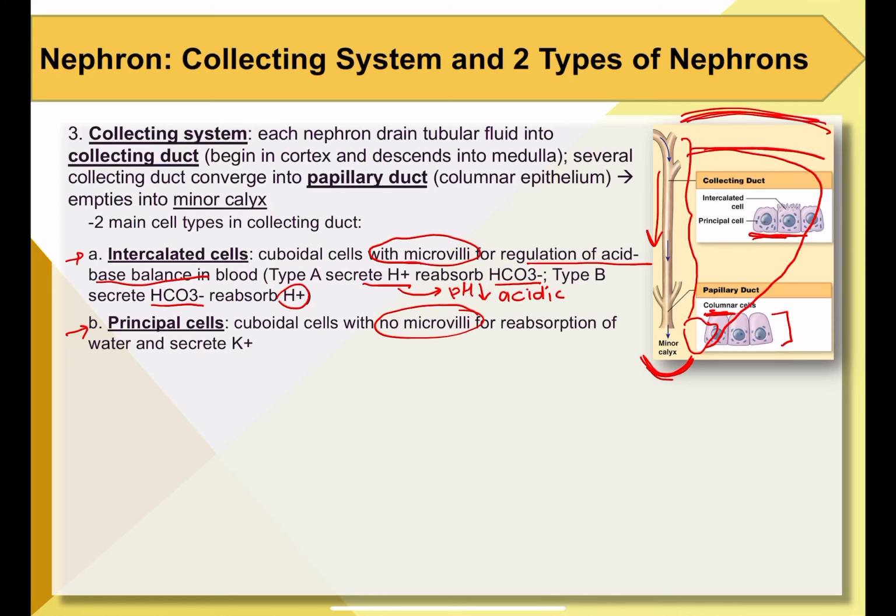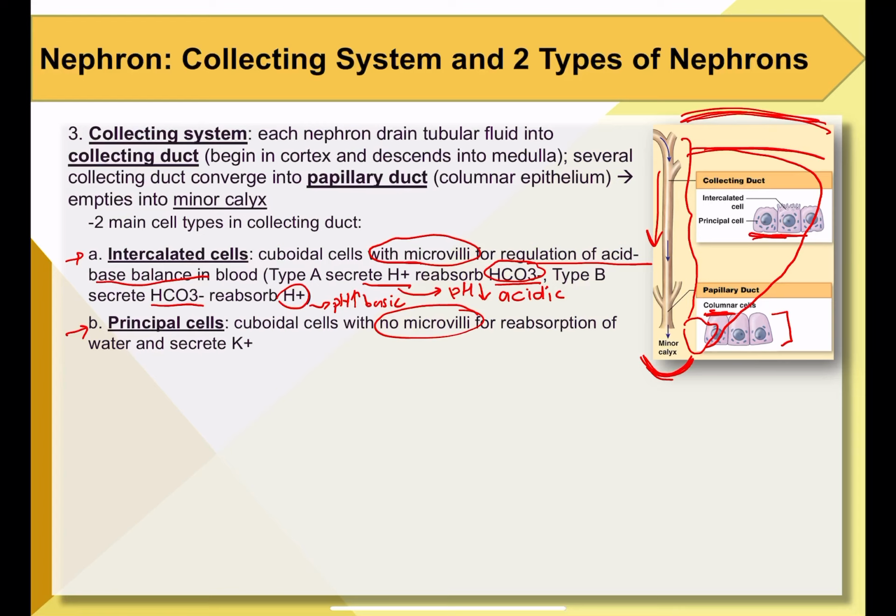Okay, so that's why your kidney will secrete those hydrogen ions out and reabsorb more bicarbonate ions to buffer that acidic environment. When your blood pH is too high, or too basic, this is when you will secrete bicarbonate ions and reabsorb hydrogen ions, okay?